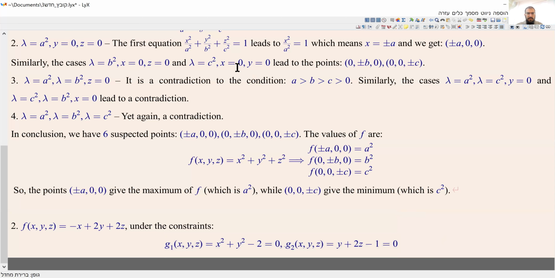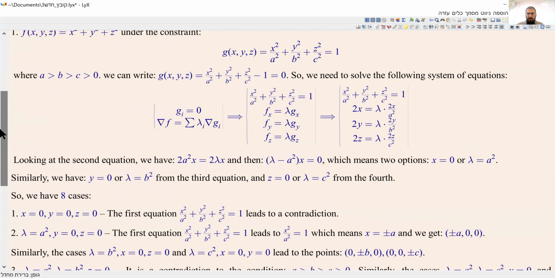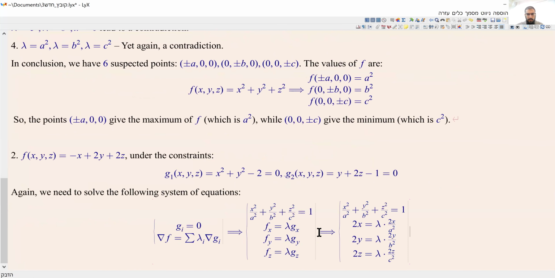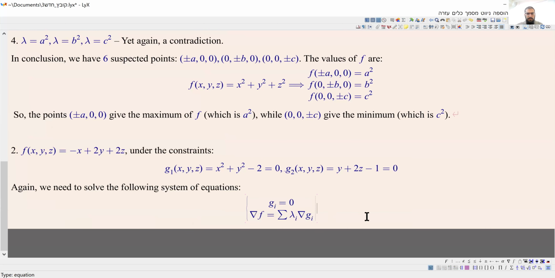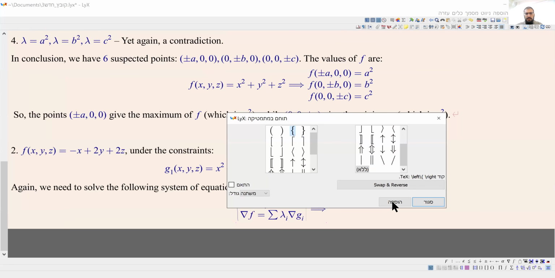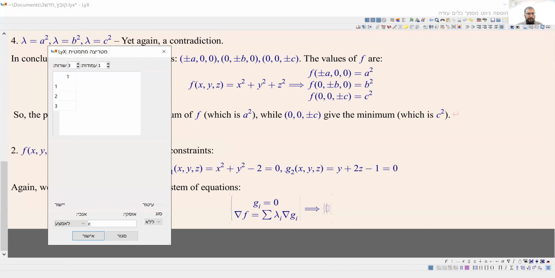Here the system of equations contains 5 equations.